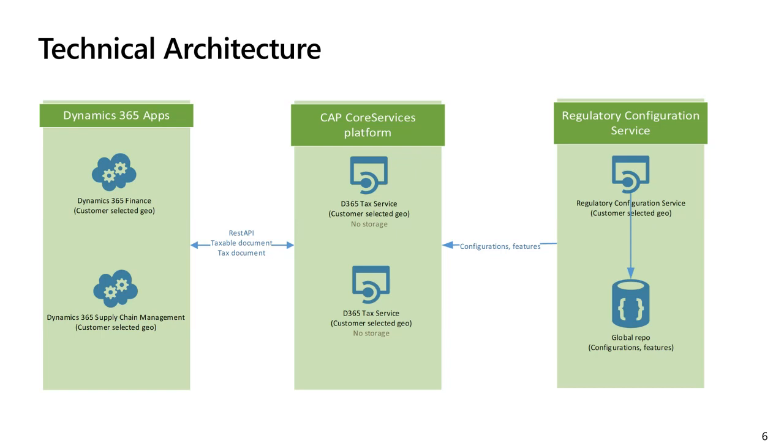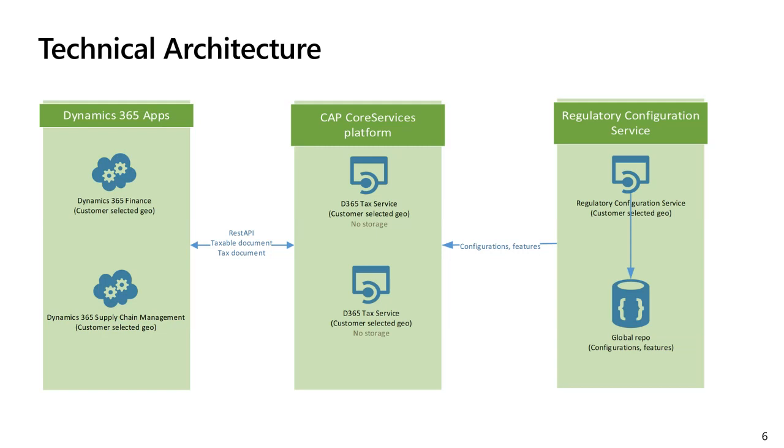Okay, and once this simple setup is done, the next step will be running a normal sales order or purchase order as you do today. When tax calculation is requested, it will send the taxable documents to our tax service. The tax service will perform the calculation based on the feature identifier.